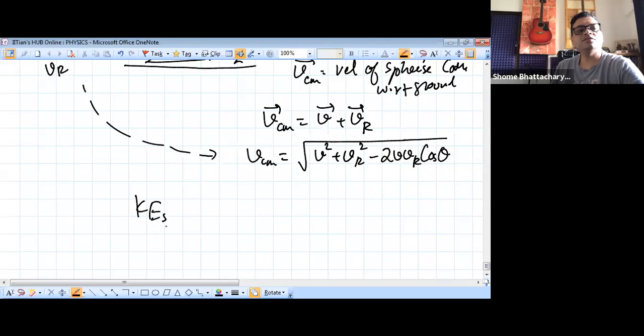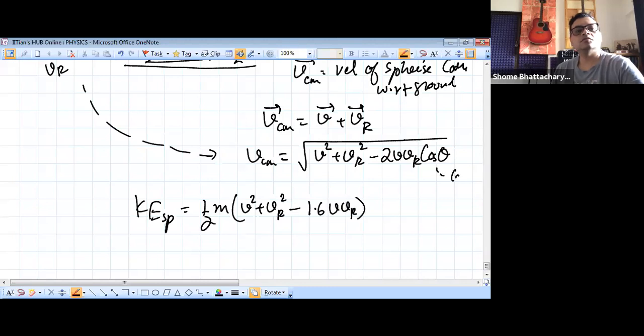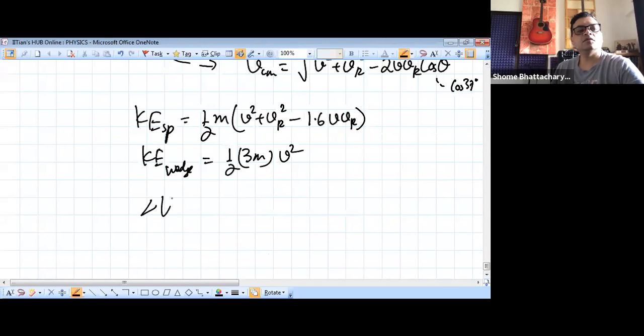So kinetic energy of the sphere will become half m times that, plus the rotational part. Okay. Kinetic energy of the wedge will be equal to half 3m into V square. Okay. And change in potential energy will be minus mgy.